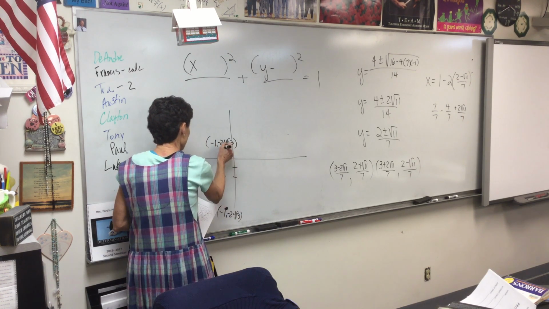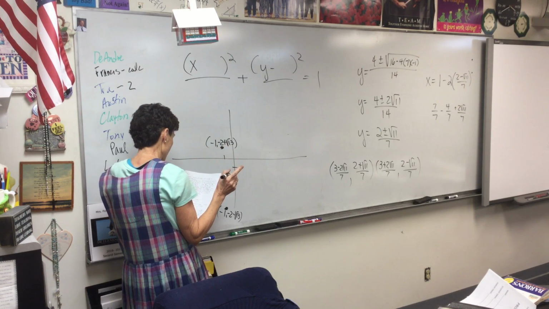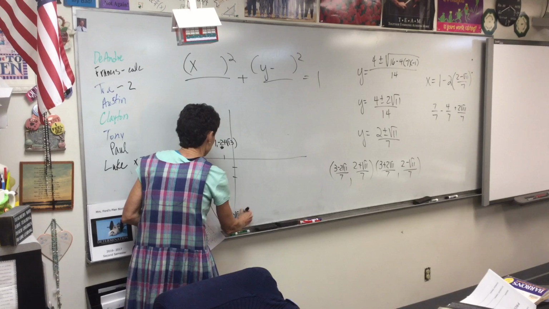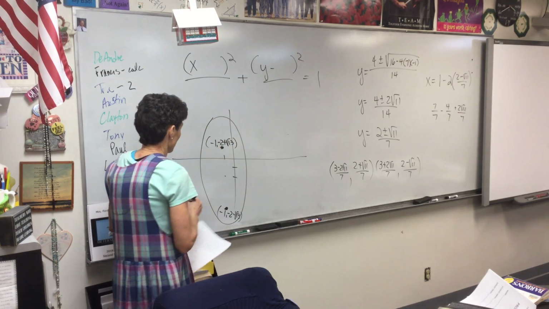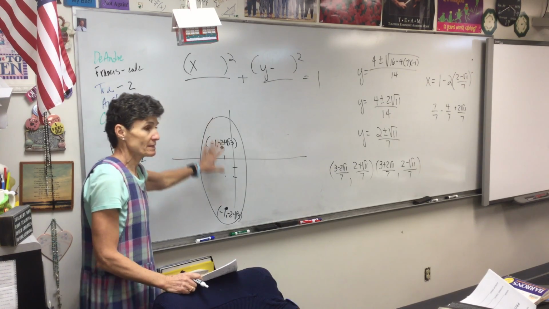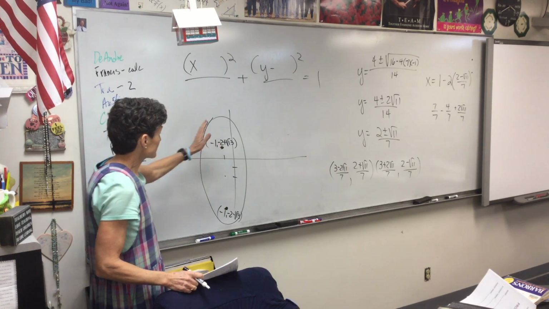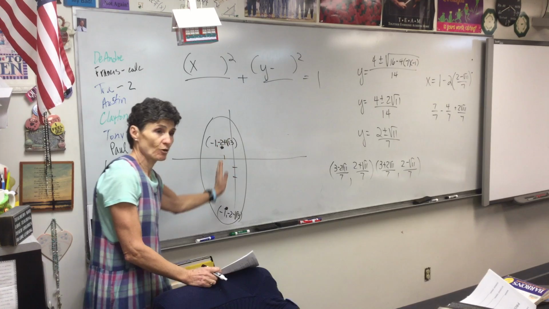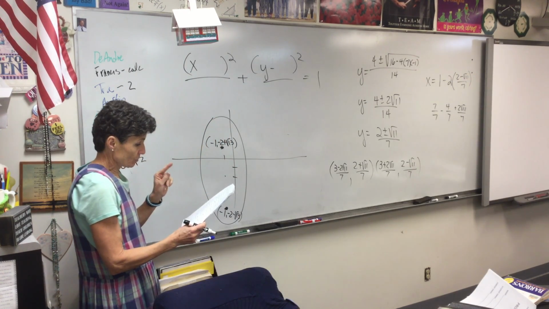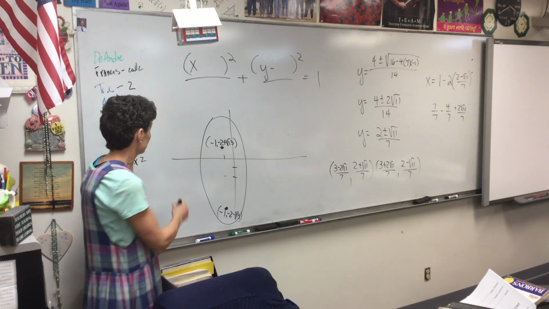All right, so these are my foci, and a major axis that's 10 units long. Now I know the ellipse opens up and down because my foci are always on the major axis, so I know this is the major axis. I also know it's 10 units long.